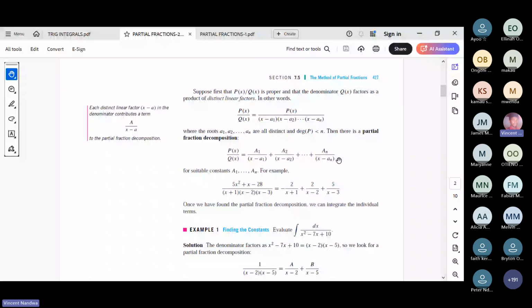So, for example, in this first rational function, we have 5x squared plus x minus 28 divided by x plus 1, then x minus 2, then x minus 3.